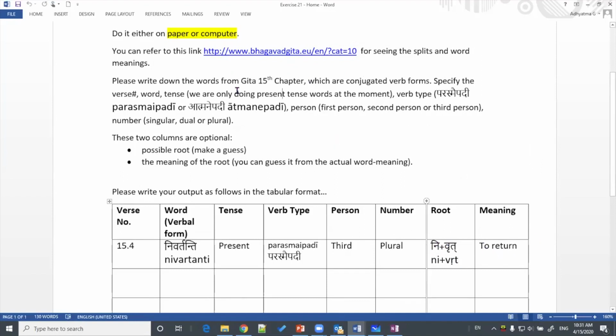And the meaning, again, you can take the help of this website. And you can always verify. So first you write yourself, make a guess, and then you can verify whether your guess is correct or not. So this website kind of gives you the solution also to which are the verbal forms. You can look it up there.